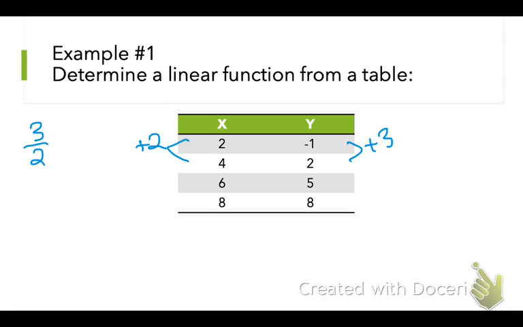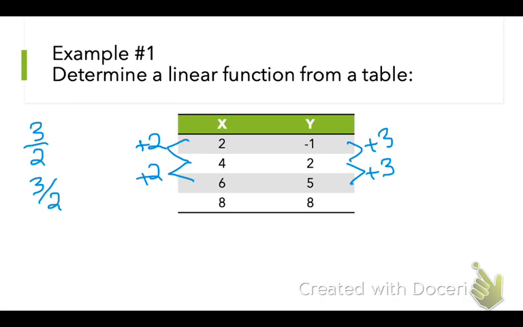The idea behind a table being a function is that the rate of change has to be constant. So all of my rates of change have to equal 3 over 2. Let's look at the next set of points. For my x, I'm going from 4 to 6, I'm adding 2. And on my y's, I'm going from 2 to 5, I'm adding 3. My rate of change is still 3 over 2.